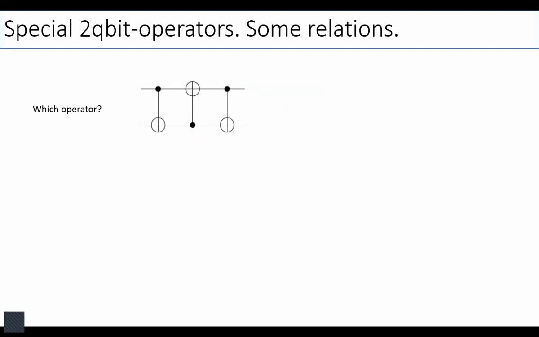No, but remember, operators are not commuting. You cannot change the order of those two. Let me demonstrate that it's not possible to do it like this, so you cannot cancel those operators. Let me show why.